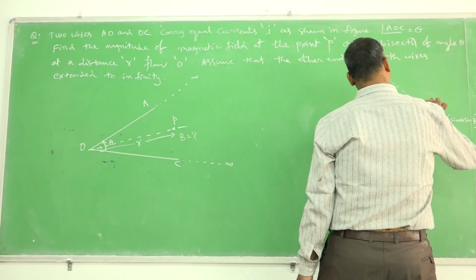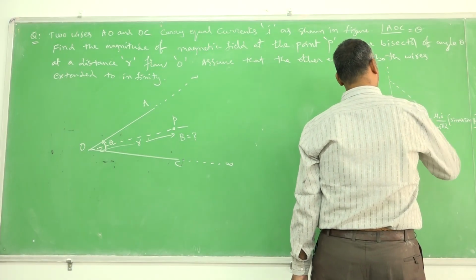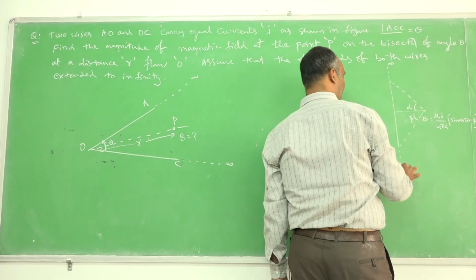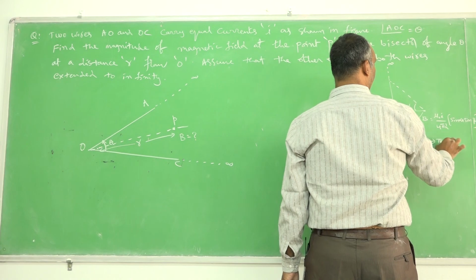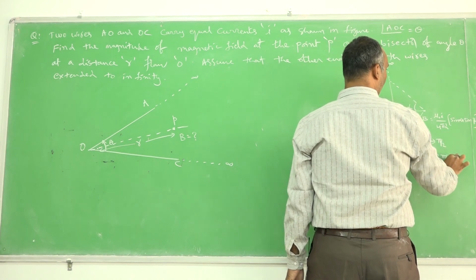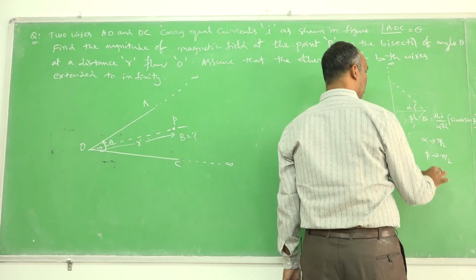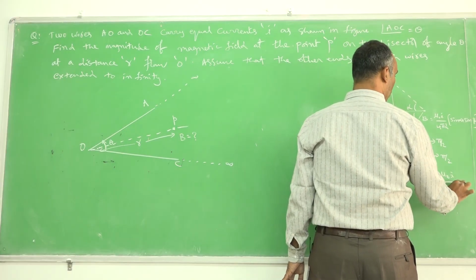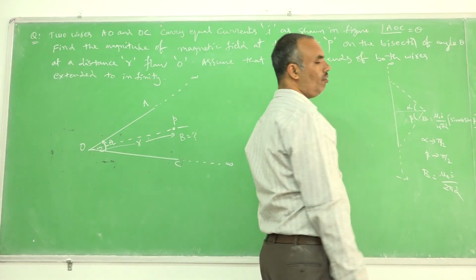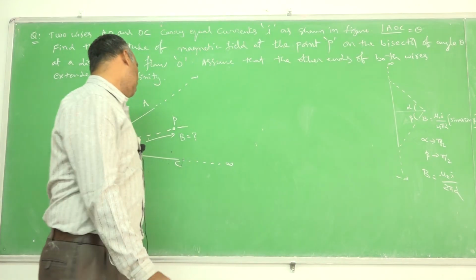The angles are alpha and beta here. For a wire extended to infinity, alpha tends to pi by 2 and beta also tends to pi by 2, so sin pi by 2 plus sin pi by 2 gives B equal to mu naught I by 2 pi d. That is the general formula.